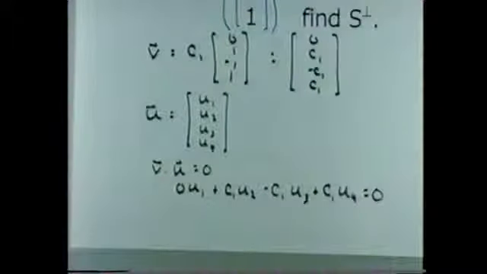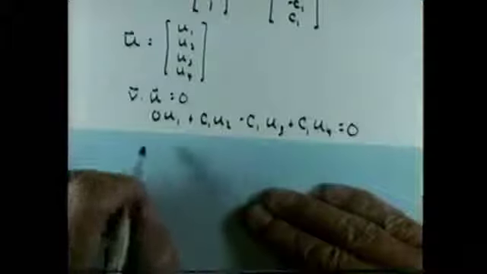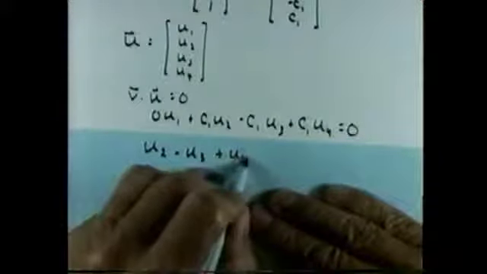That's when I do the dot product. I can factor out, now 0 U1 is 0, I can factor out the C1, and I'm left with U2 minus U3 plus U4 is equal to 0.